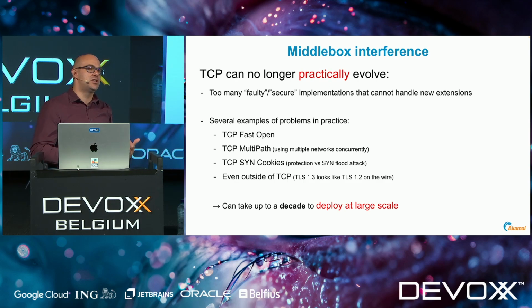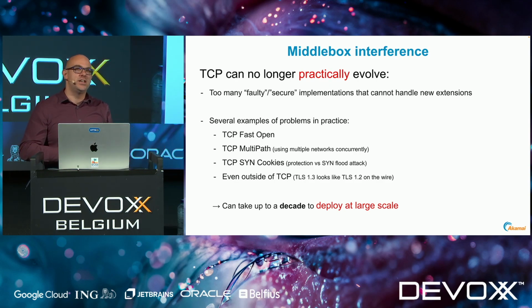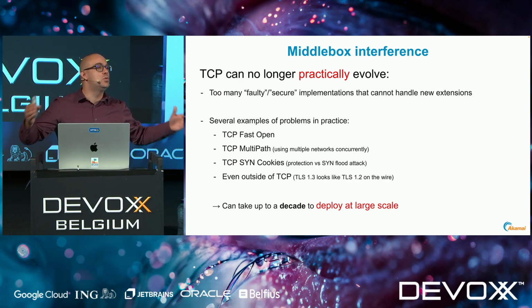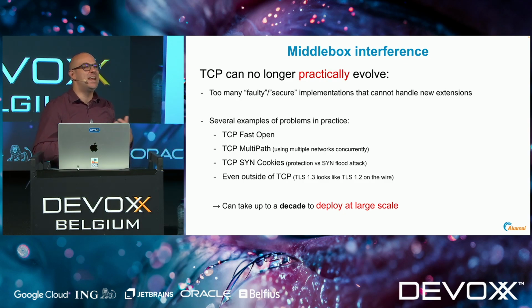Because if you want to change something, you don't just need to change the client and the server, you also need to change all these middle boxes in between to make it practically deployable. And TCP fast open is just one example. There have been many over the years that have taken years to even decades to find some kind of foothold on the actual internet, right?